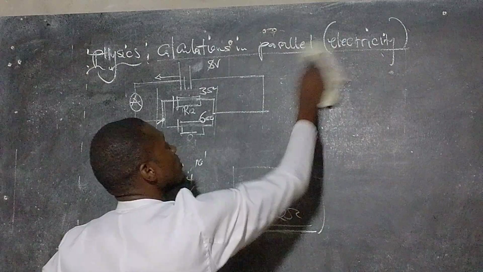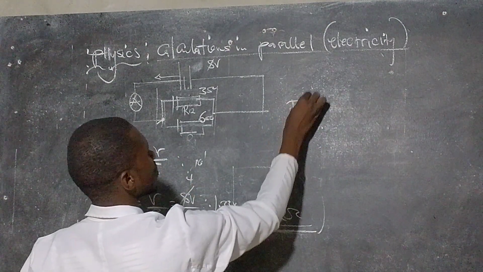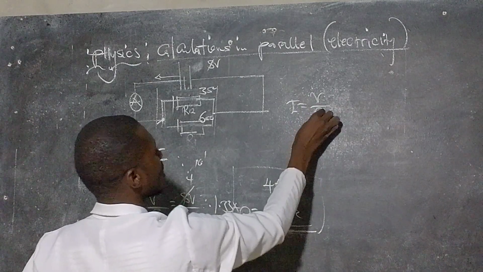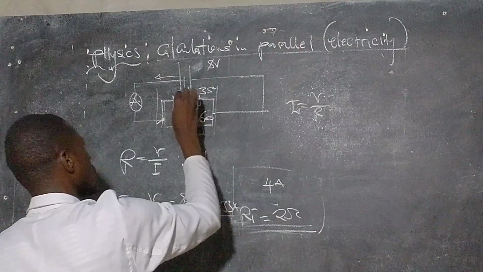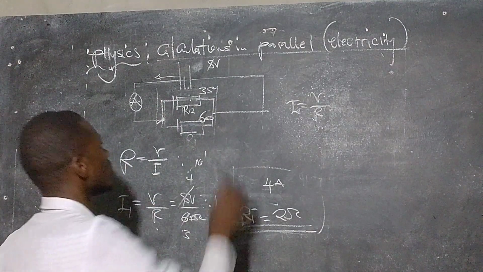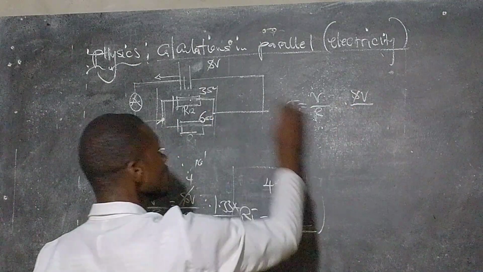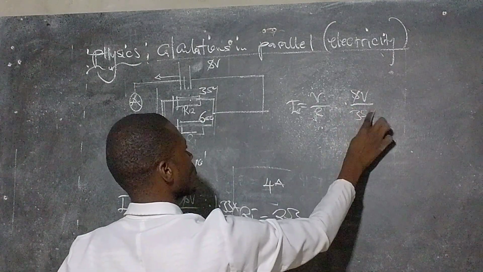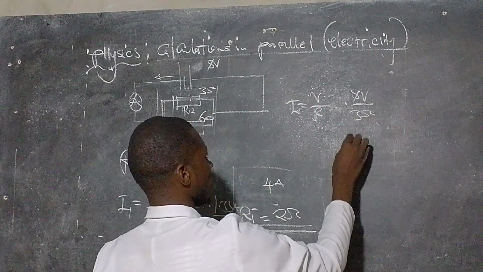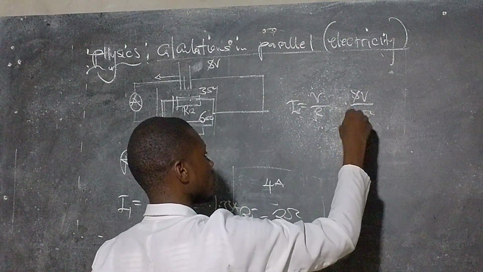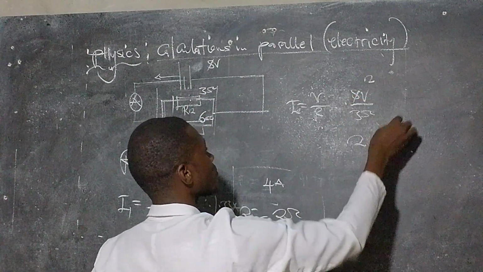Okay, now for the second one, we have removed this one. So for the second one, we'll say current again is equal to voltage over resistance. So this is now the current 2, which is representing resistor 2. So voltage same, 8 volts over 3 ohms. So 3 into 8, we are getting 2, remainder 2.